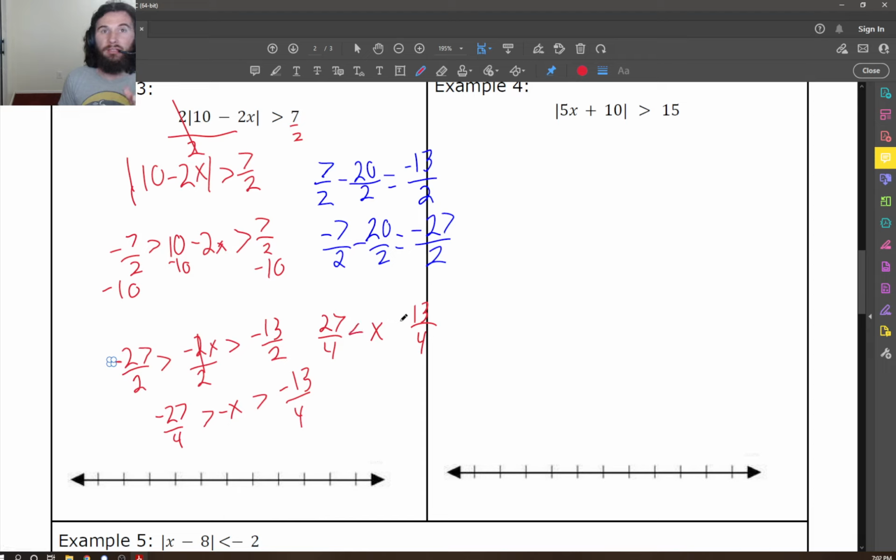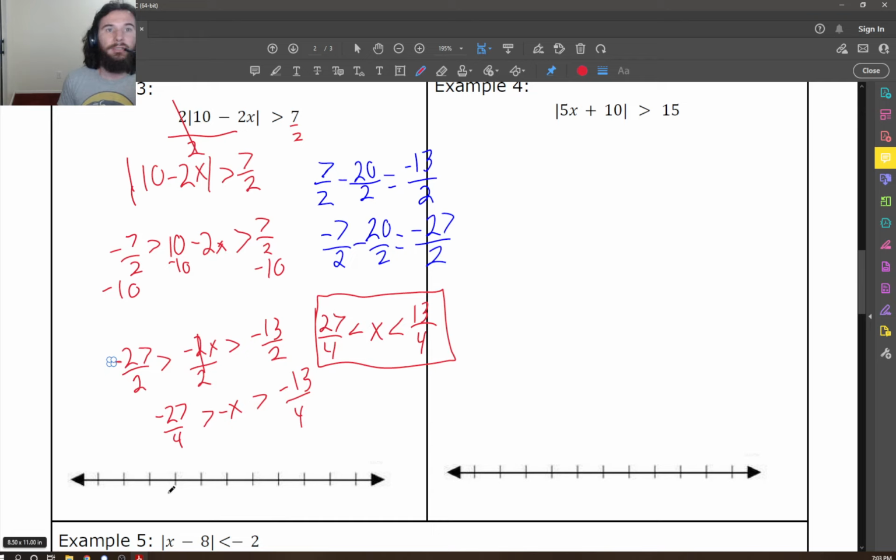So the inequality symbols are actually going to face the other way now. It's very important, don't forget that. And so now x is going to be greater than, right? Yeah, x is going to be greater than 27 over 4 and less than 13 over 4.